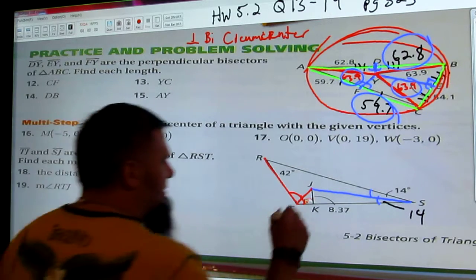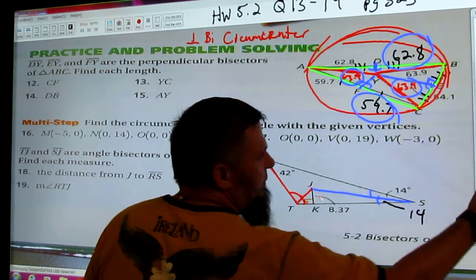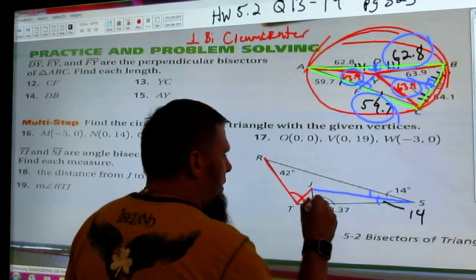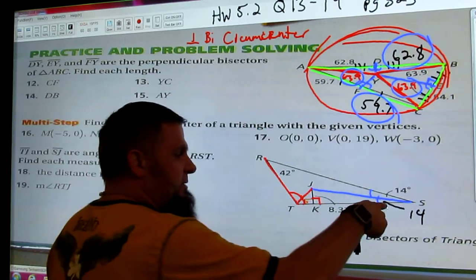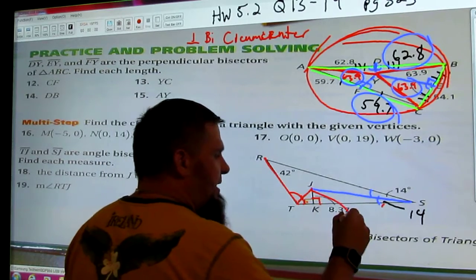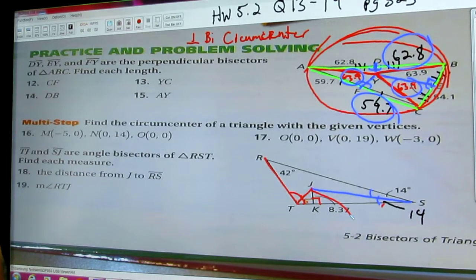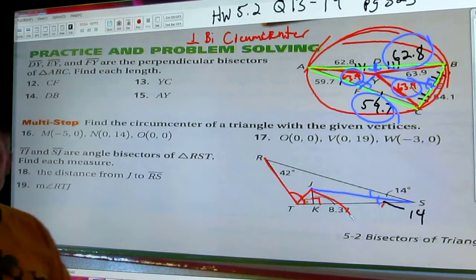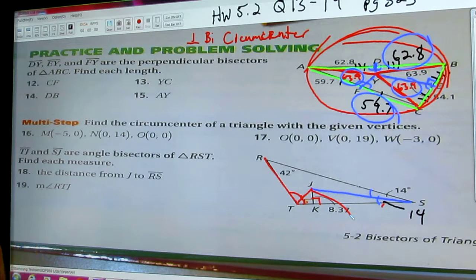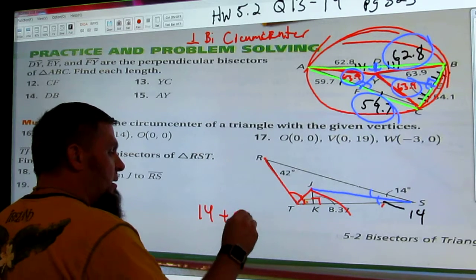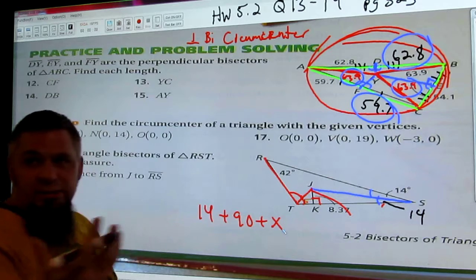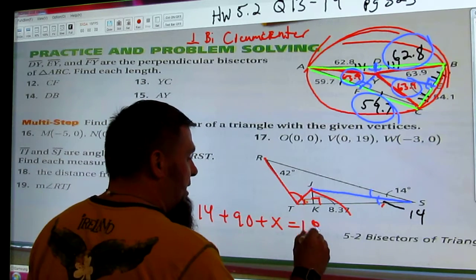I know that this angle is a right angle, and I know that this is 14. So what does that make this? They have to add to 180. So 14 plus 90 plus x equals 180.